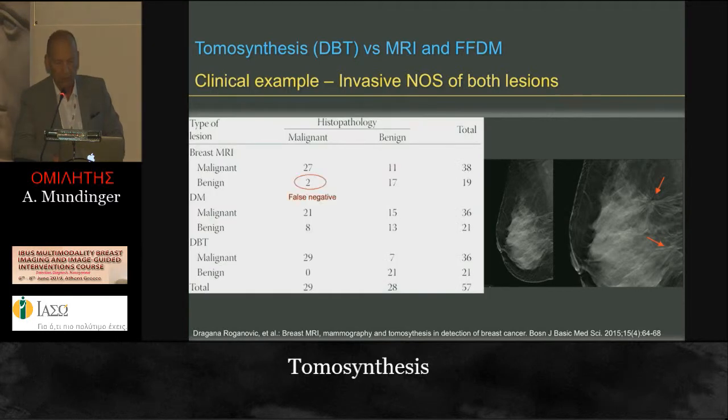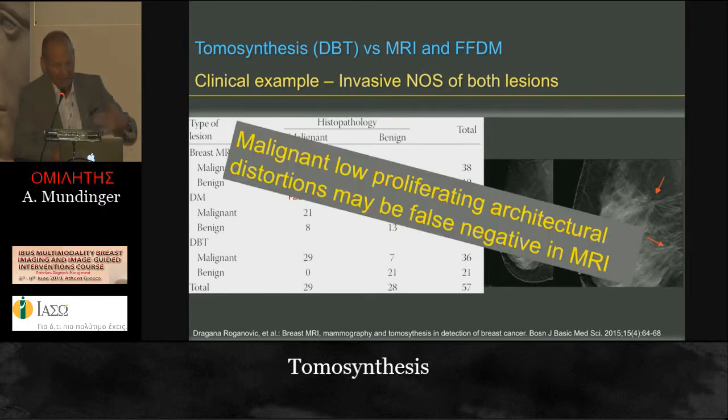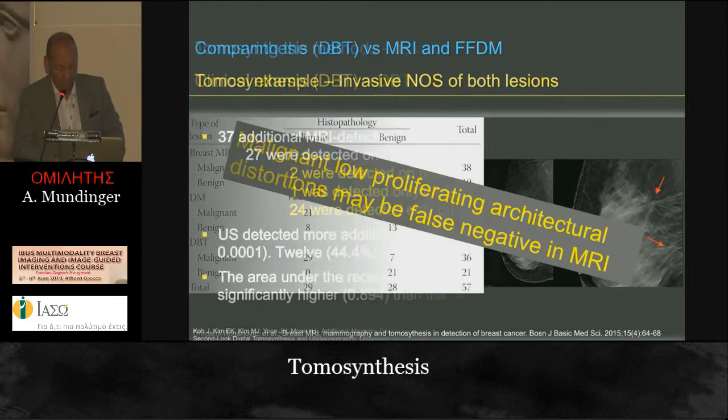And MRI had 2 false negative findings. But it's important to understand that these are lesions with a low proliferation and a strong desmoplastic reaction that results in an architectural distortion. So these can sometimes not be seen by MRI if the wrong compression direction is applied.